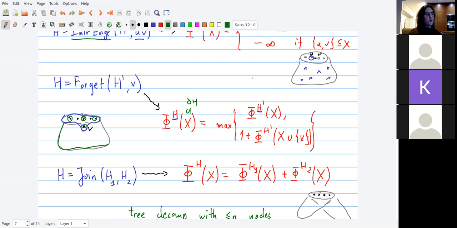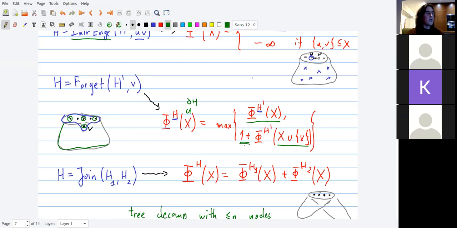Either it did not include it, and it contributes just the best possible extension in the previous graph when from the boundary I only take X, or it was included. Now that we forget it, it becomes a vertex from the extension instead of a vertex in the boundary. This is why I add a +1 to this value.